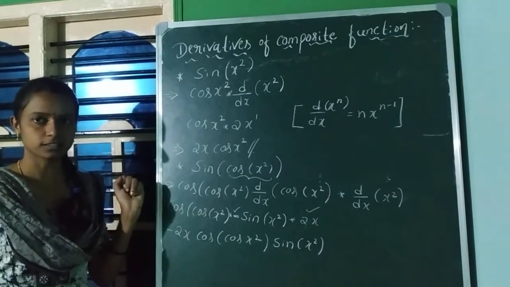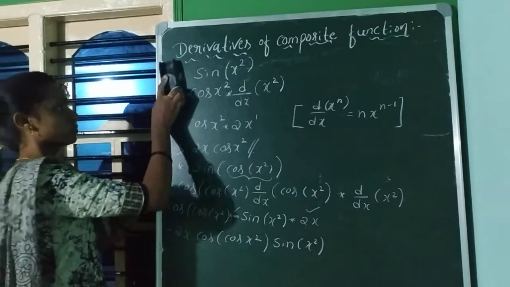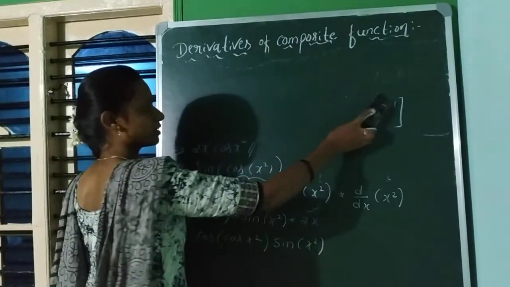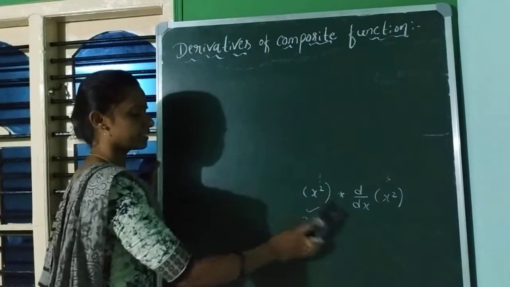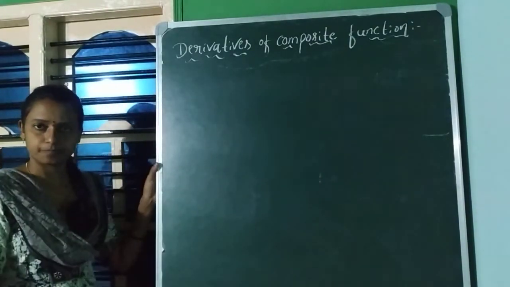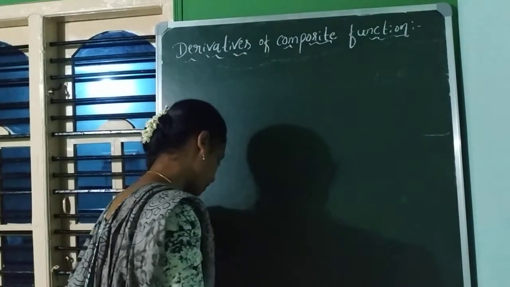Is it clear, guys? So now I'll just move on to the exercise. In the exercise also they mention that you need to apply this chain rule. They mention to find the derivative of the following. Okay. So which is exercise 5.2.